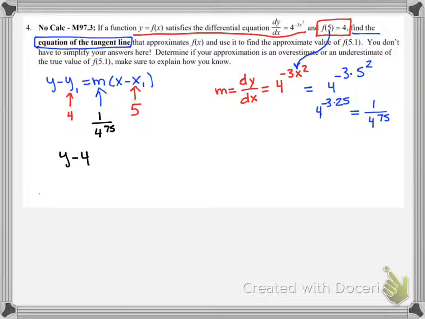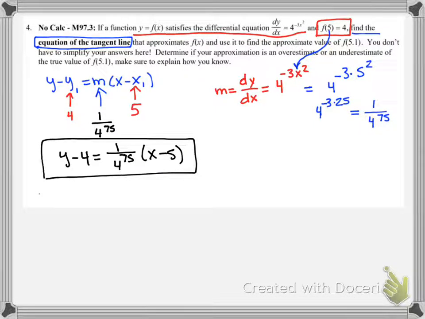y minus 4 equals 1 over 4 to the 75 times x minus 5. That is a very legitimate equation of the tangent line. Now it says use it to approximate f of 5.1.